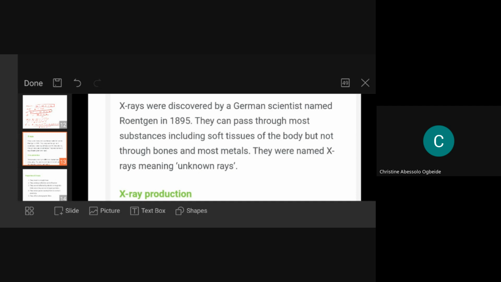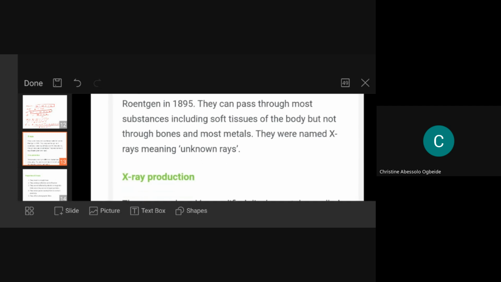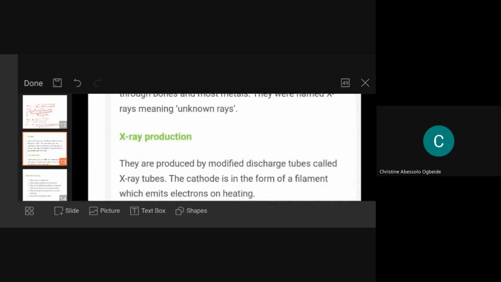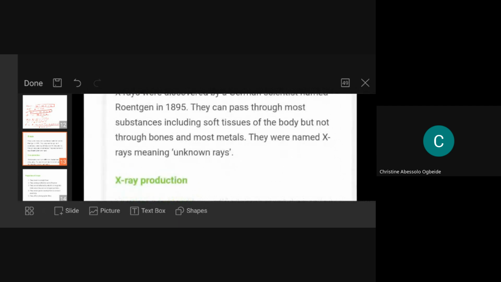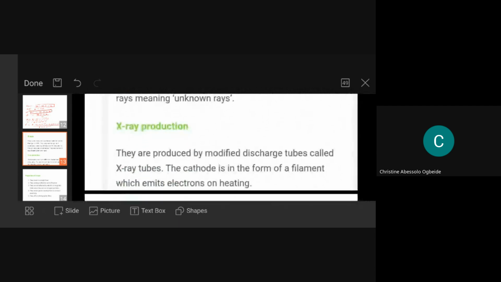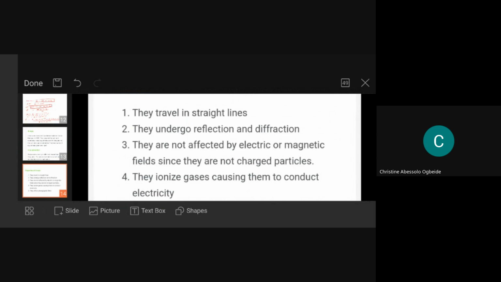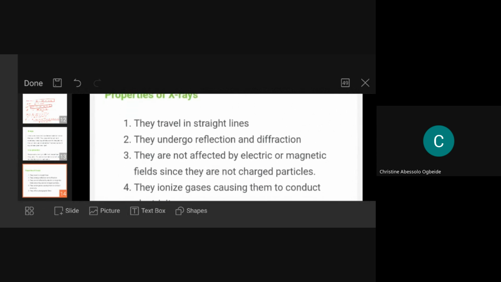That's all. The things you will expect to see under this topic, you can do well and read up these other ones for yourself. The notes are there. I just put down some few things for knowledge sake. So you can do well and just try to study them, read them out for yourself and have them in your mind also. But I want us to go straight into the properties of X-ray.